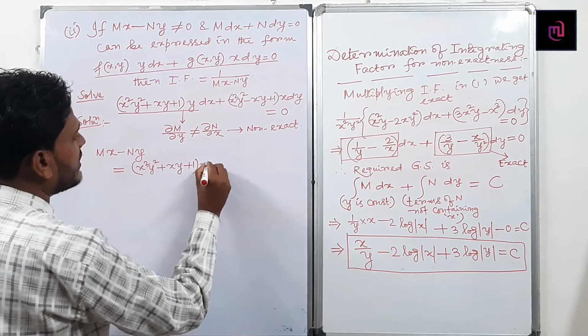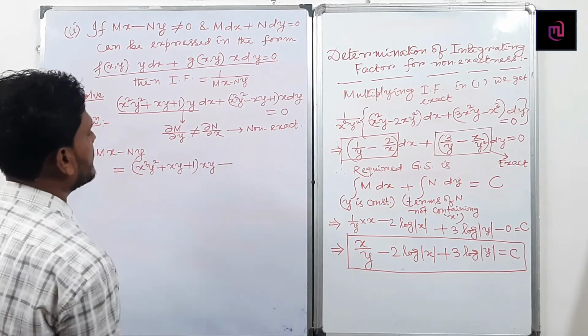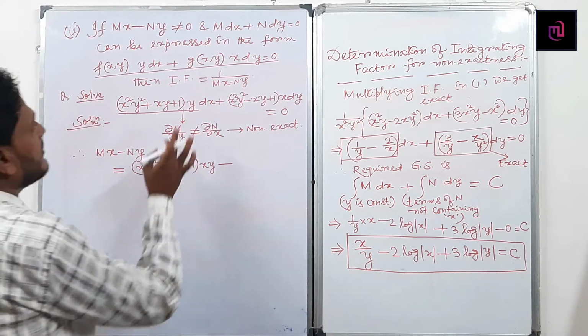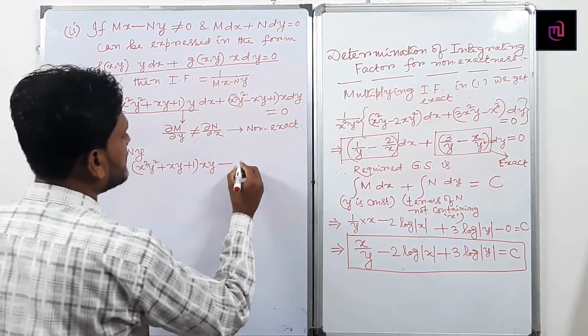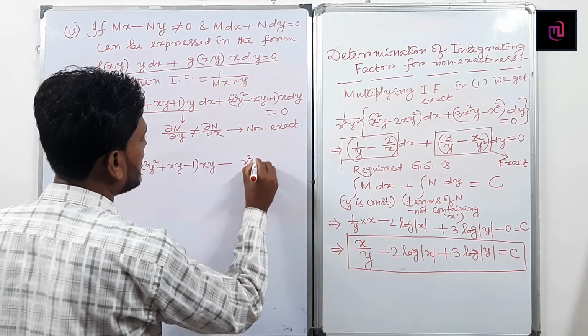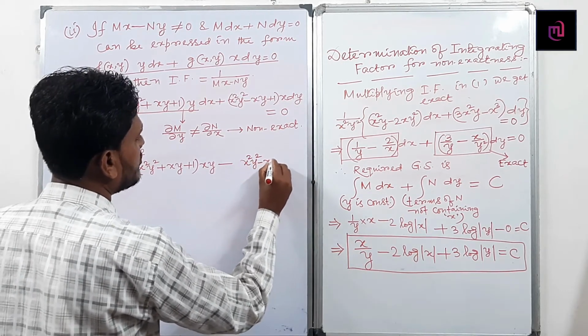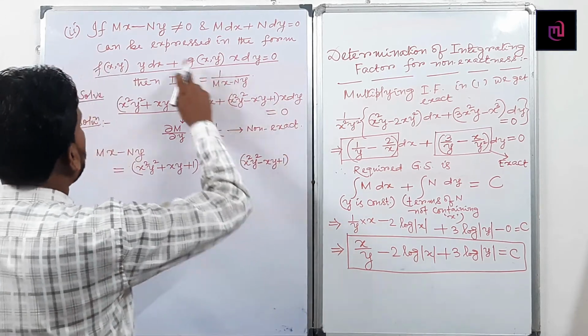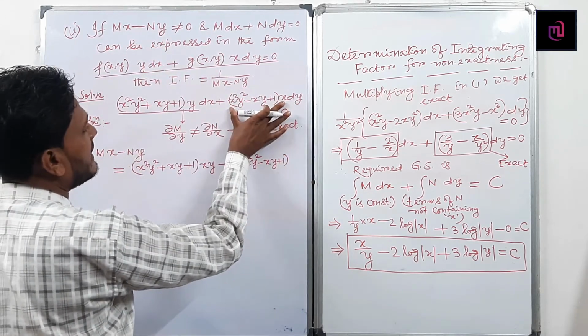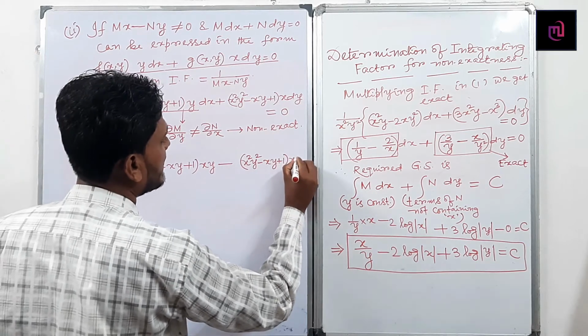So this is mx minus ny, and n becomes this part. So I can write (x²y² minus xy plus 1) into, so here n into y, that part becomes xy.